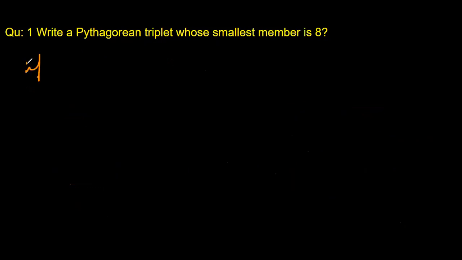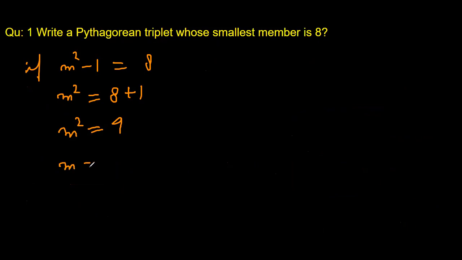Now, if m square minus 1, the second member, is 8, what do we get from here? We get m square is equal to 8 plus 1. Very simple, right? 1 is taken to the right hand side. So m square is 8 plus 1, which is 9. So m is square root of 9, which is 3.